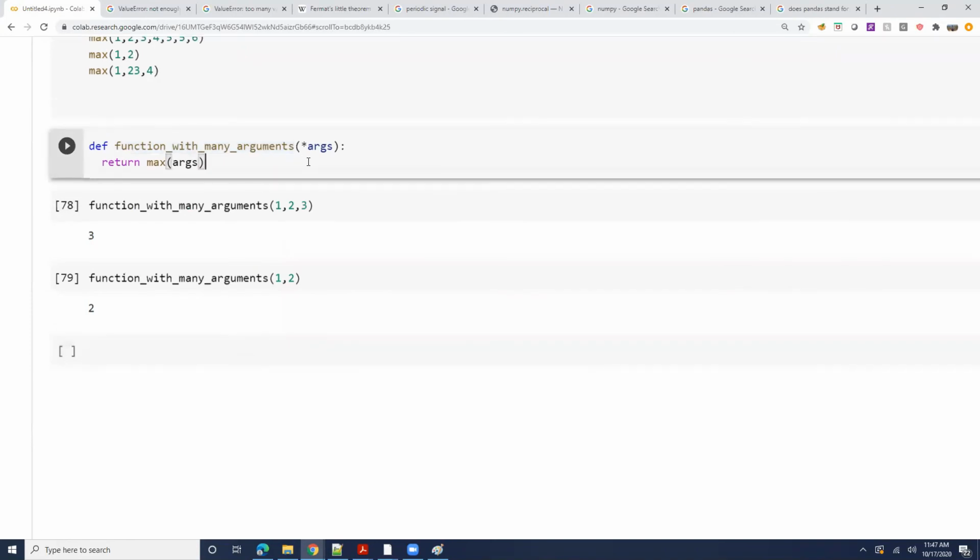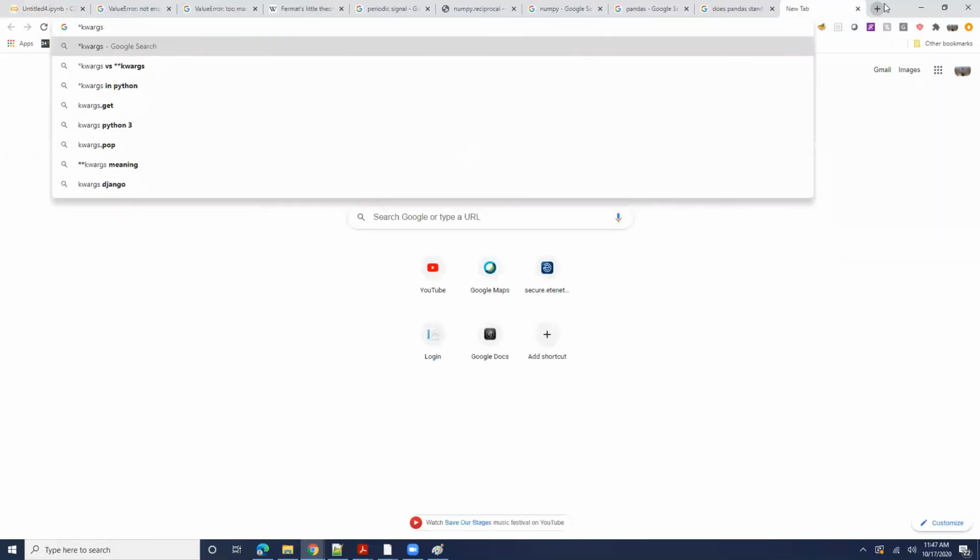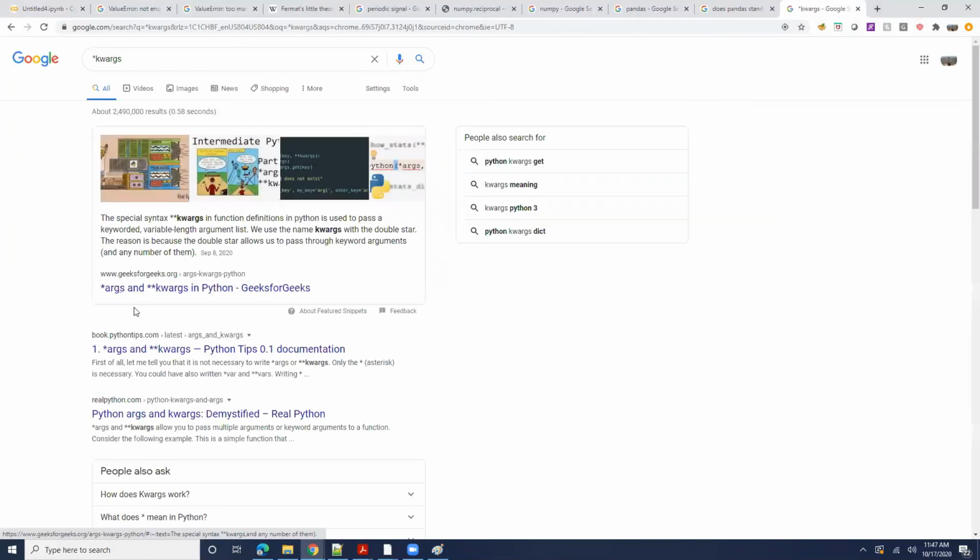So as you can see, when you want to make your function accept a variable number of arguments, you would say asterisk args. What is kwargs? Don't know. What about asterisk kwargs? I don't think it's about that. It's two asterisks basically, not one asterisk.